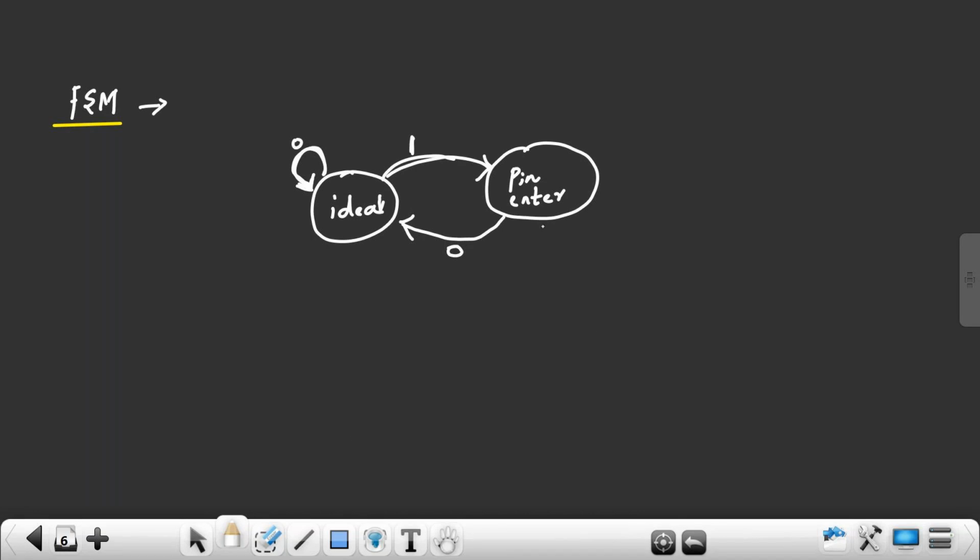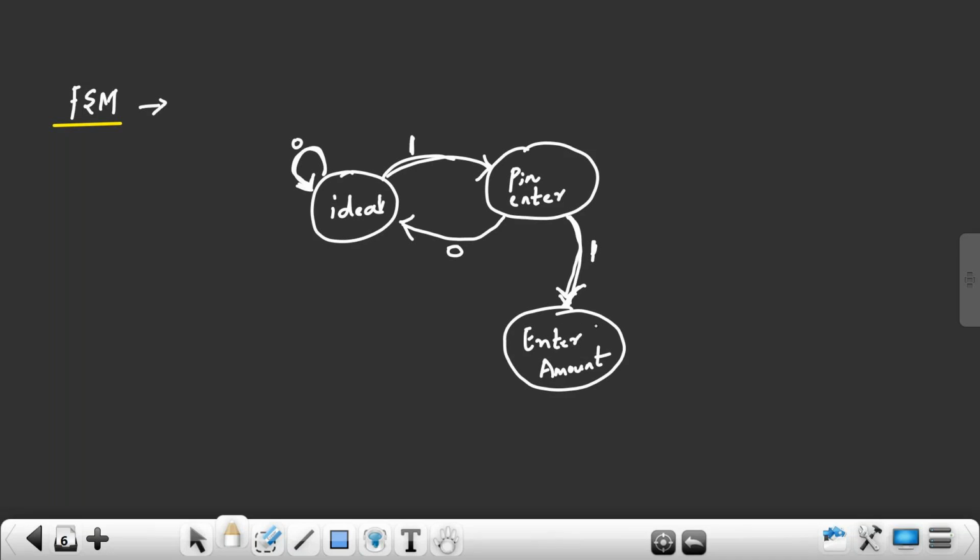If the pin entered is correct, which state do you go to next? Enter the amount. This is logic 1; logic 1 means the pin entered is correct. Whatever amount you enter must be valid, meaning you should have that much balance.